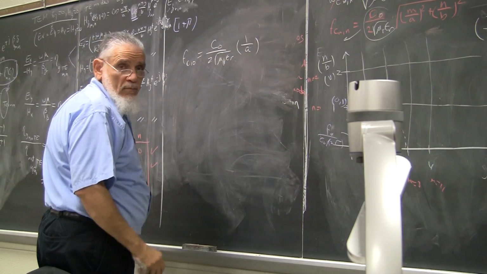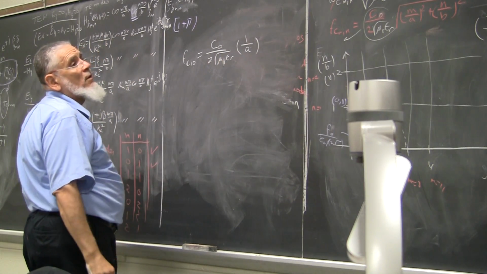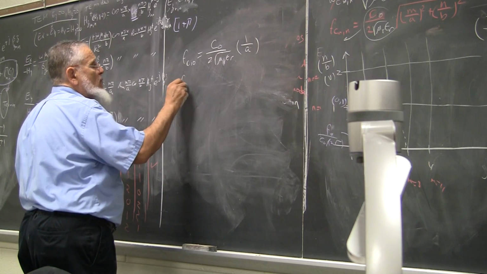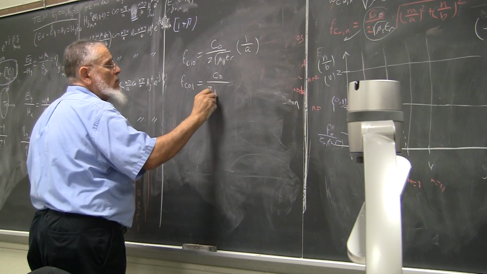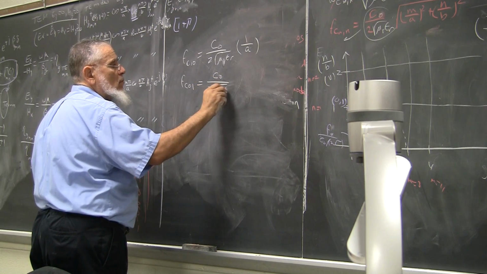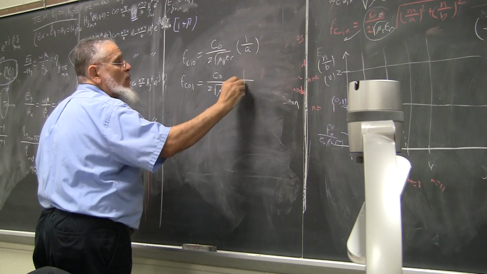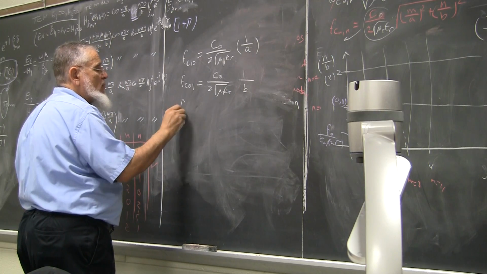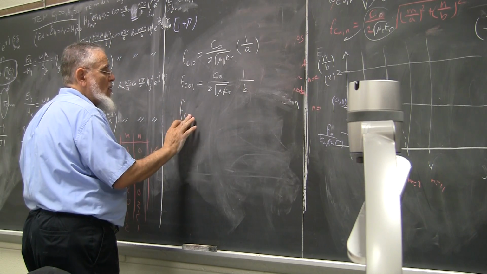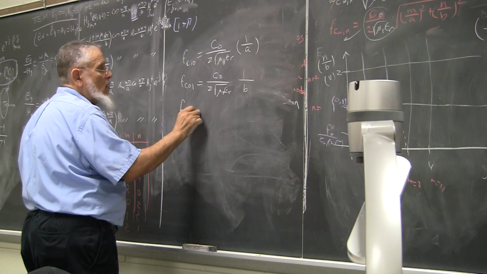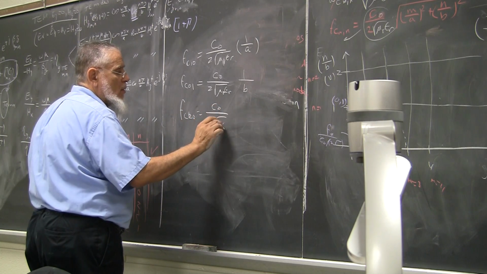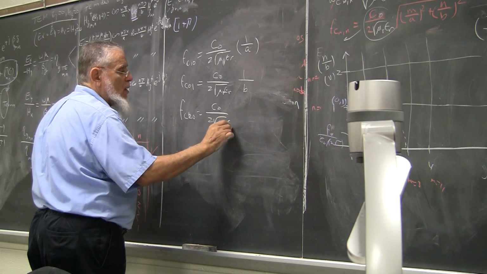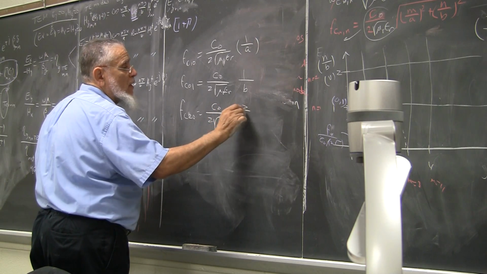M is 1 and n is 0. The f sub c 0,1 will give the same exact thing, and then you have 1 over b. The f sub c 0,2 or 2,0 will give you c0 over 2 square root of mu r epsilon r and 2 over a.